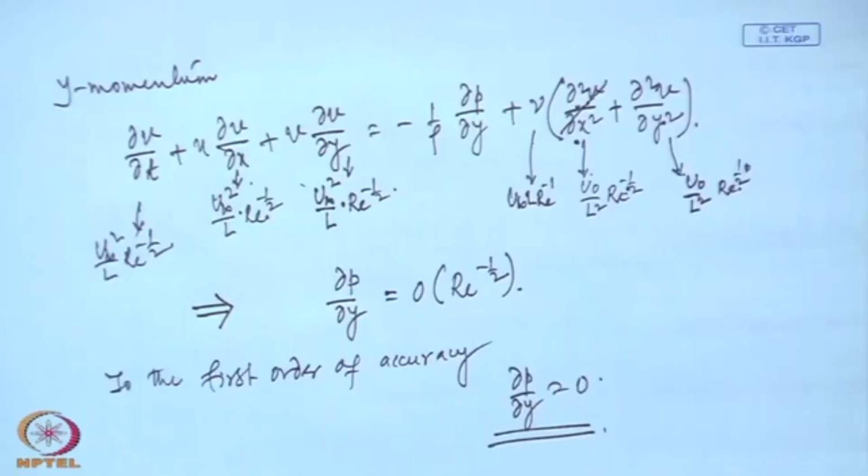So, this pressure is now basically a known parameter. Once we have the incompressible irrotational inviscid flow solution, the pressure is known.